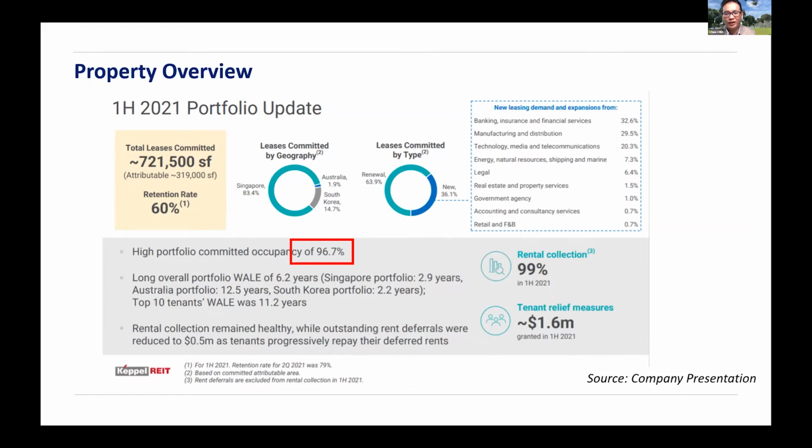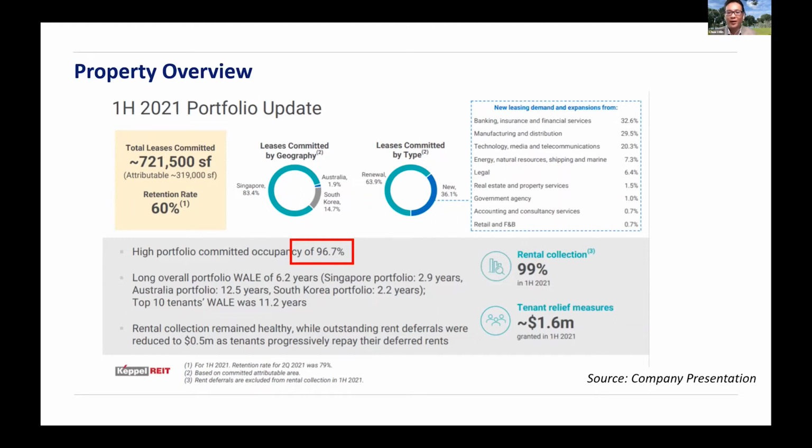I was just chatting with a friend at an MNC, and his monthly salary alone, one person's monthly salary, can probably cover the monthly rental for one floor or something like that. So relative to staff costs, the office rental cost is actually not so significant.